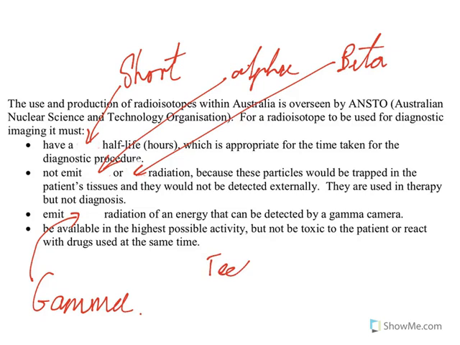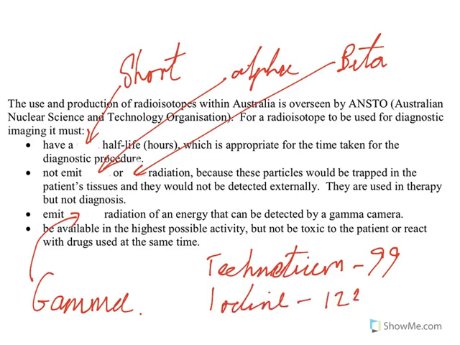All right, so the most useful ones that emit gamma radiation, we've talked about these before, are technetium-99 and iodine-123. They're both isotopes that give off gammas and are very useful for that.